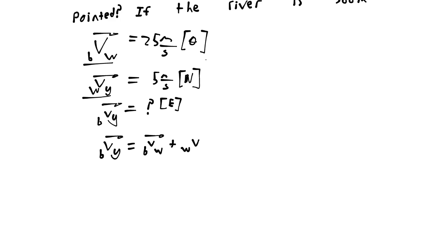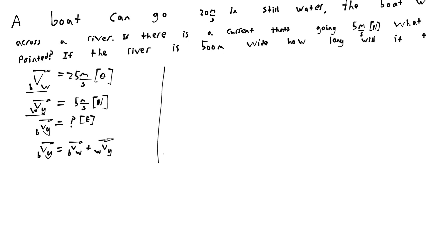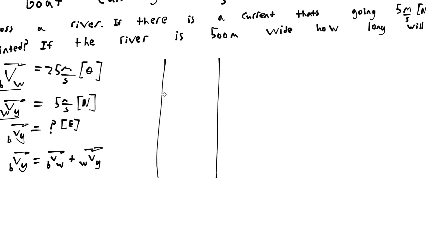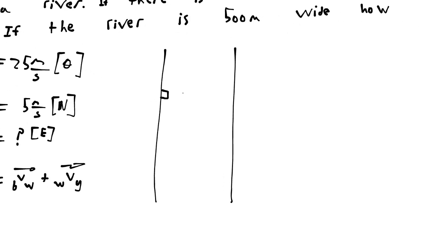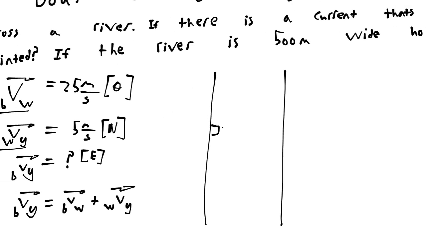Now that being said, this isn't really too important right now because we're just trying to find the direction. So let's draw a little diagram of what this looks like. So we have the boat right here, and it needs to cross only by going east across, right? But the problem is, when the boat tries to push forward, it's going to get pushed by a current that's going up, right? So it's automatically going to push in this direction.